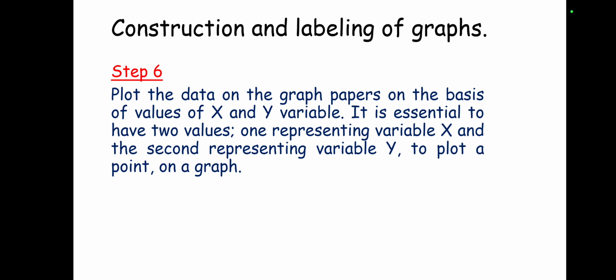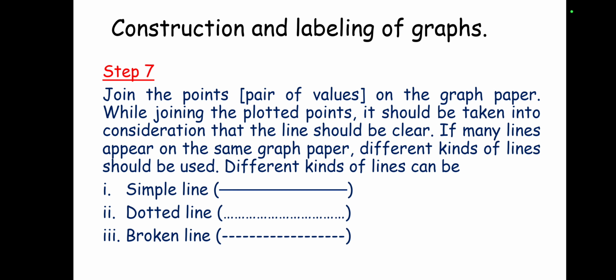Next, step 6. Plot the data on the graph paper on the basis of values of x and y variables. It is essential to have two values, one representing variable x and the second representing variable y, to plot a point on a graph. So this thing we saw in our previous example. Now, step 7.